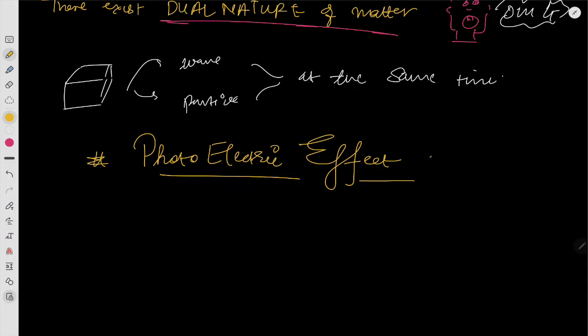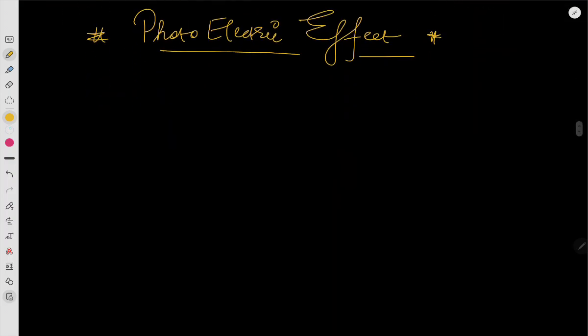In the photoelectric effect experiment, there is a particular glass tube which is structured somewhat like this.